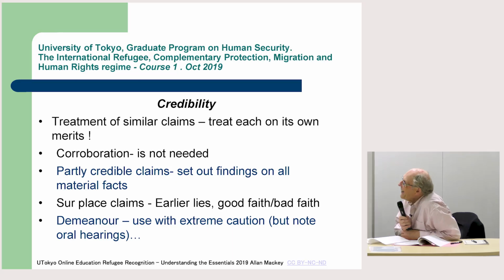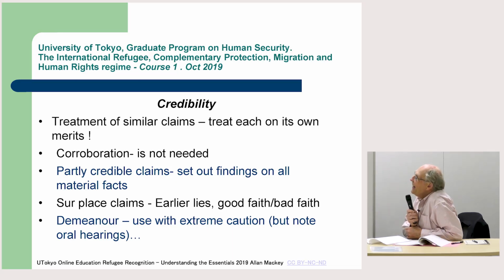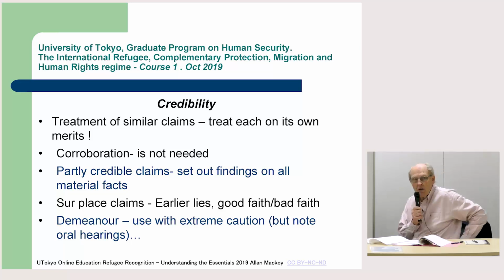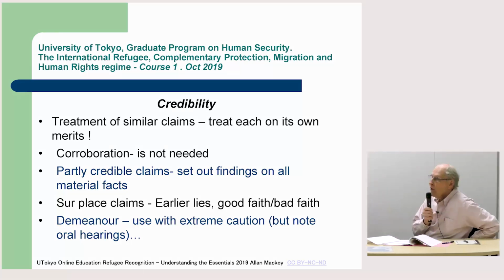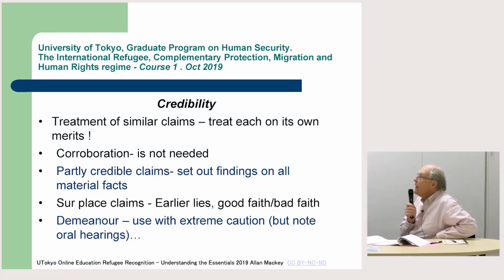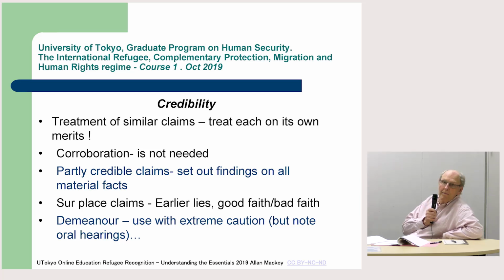Okay, and there are problems I often talked about before, people borrowing other people's claims. So it's not an excuse to turn a case down, because it's a similar story you've heard many, many times before. Each case has got to be treated on its merit. It gives rise to caution, but don't just jump to conclusions.